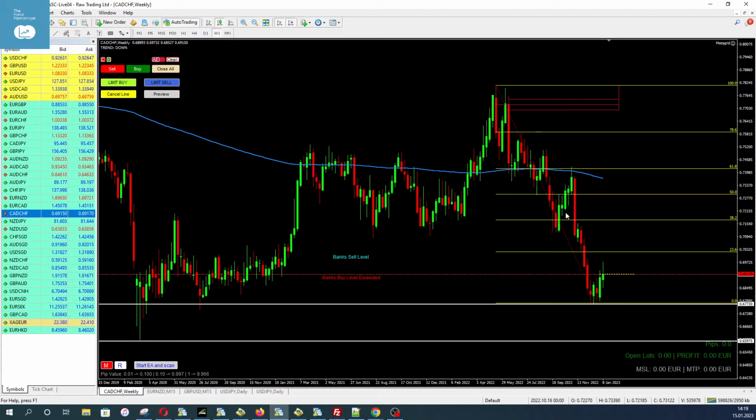Based on the weekly time frame, it's in a downtrend, so we have to wait in the new trading week to see what it does. If it retests this support and the support holds for longer, then we can go for buy trades.